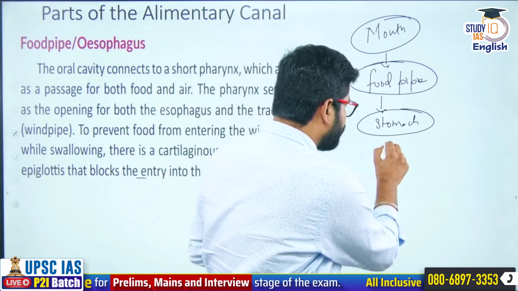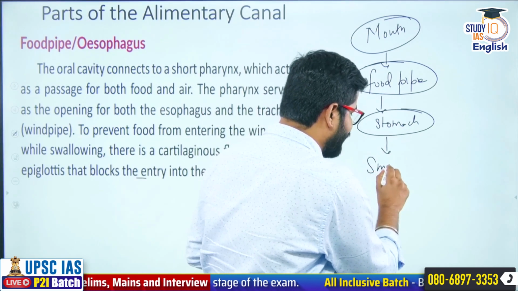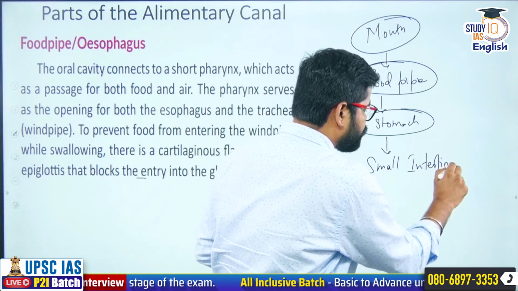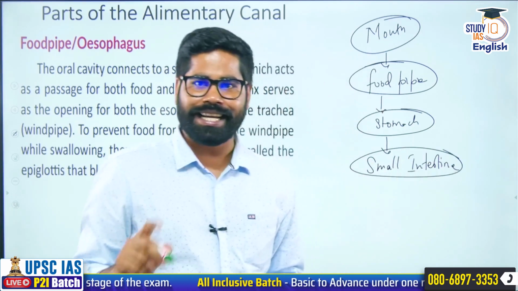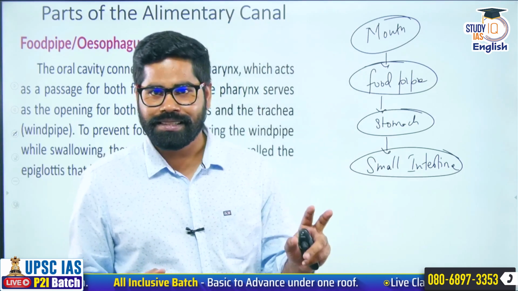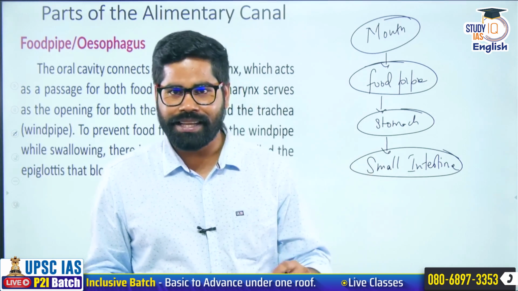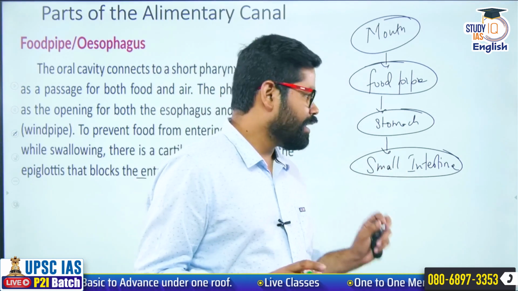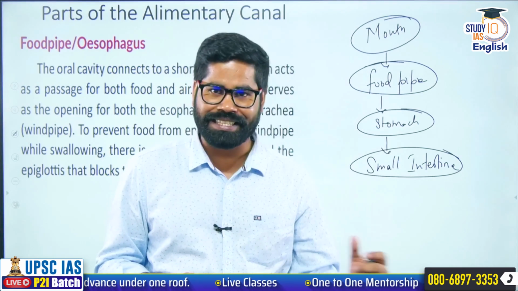From the stomach, the food passes into the small intestine. In the small intestine, we have seen there is secretion from three different parts: the liver, the pancreas, and the small intestine itself. From all these three, different juices and enzymes come.